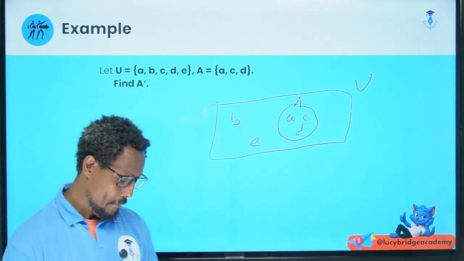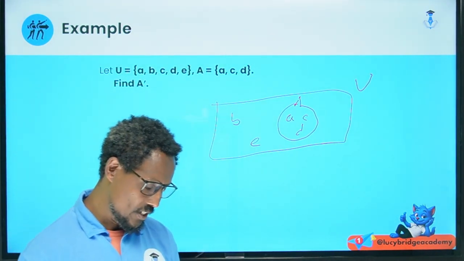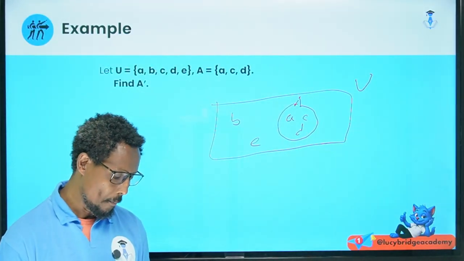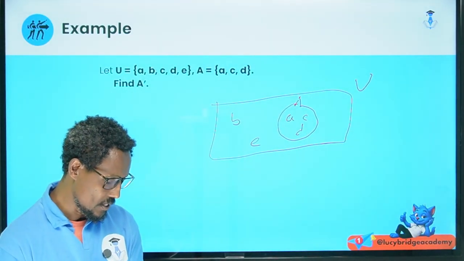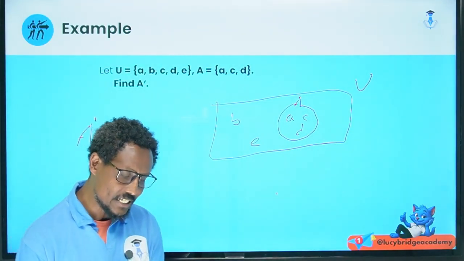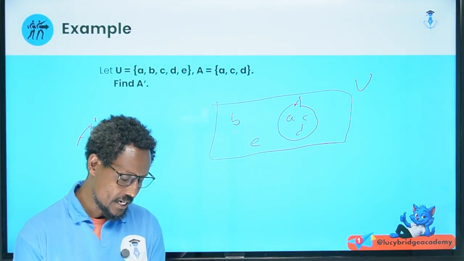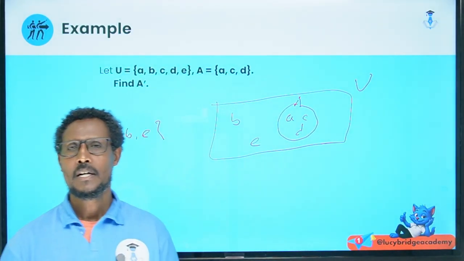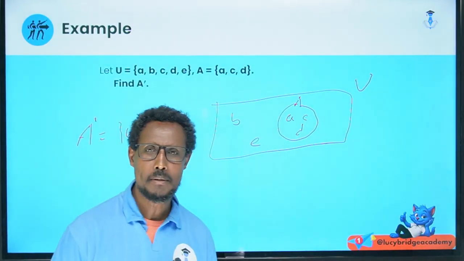The set A is in the universal set and it contains a, c, and d. Therefore, A complement is equal to all elements in the universal set but not in A, which is b and e, right? b and e are elements of A complement.